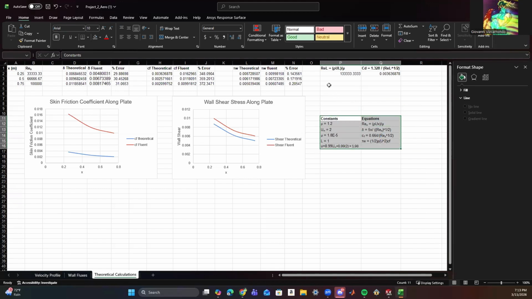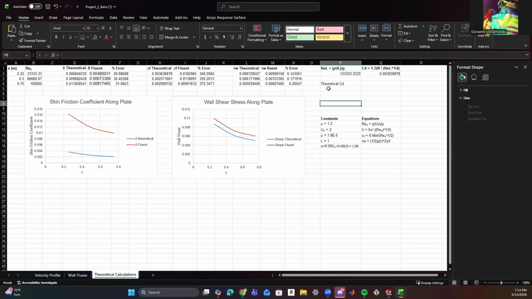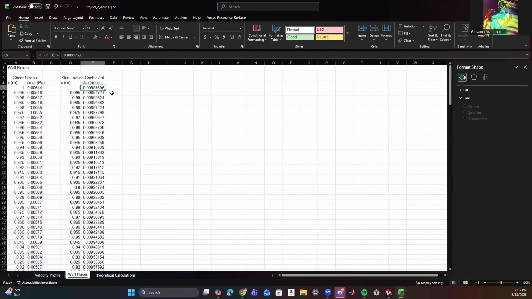Sorry, this is becoming a bit of a mess, but our theoretical CD, we'll go with this, and then I guess our Fluent, or sorry, CD theoretical compared to our CD Fluent is going to be this, I guess.